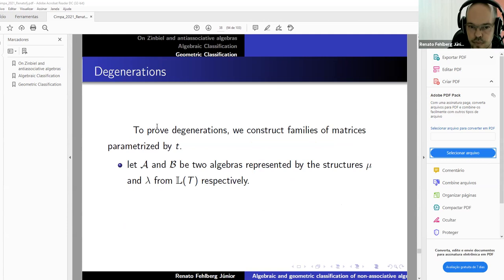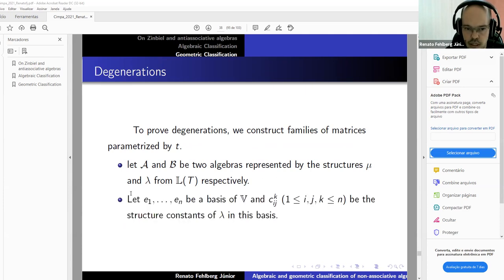Okay, so let us say how we can check if an algebra degenerates to another. We consider A and B, two algebras represented by mu and lambda in LT. E1 to En is a basis of B, and Cijk are the structure constants of lambda in this basis.